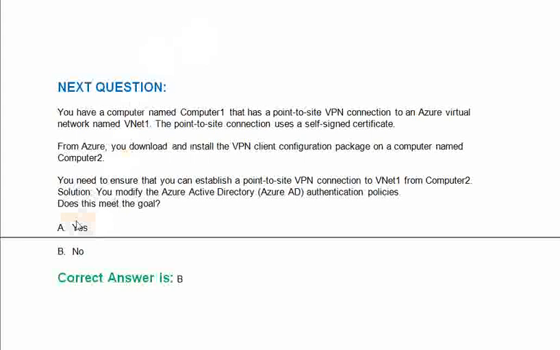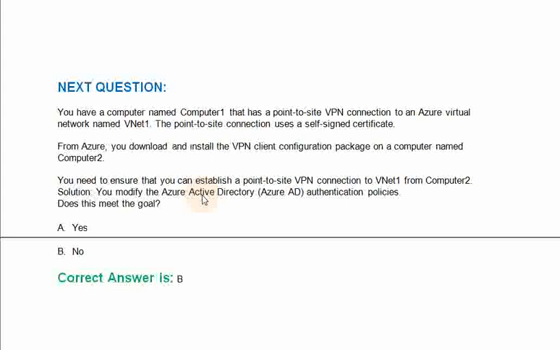You have a computer named computer 1 that has a point to site VPN connection to an Azure virtual network named VNet1. The point to site connection uses a self-signed certificate. From Azure, you download and install the VPN client configuration package to a computer named computer 2.